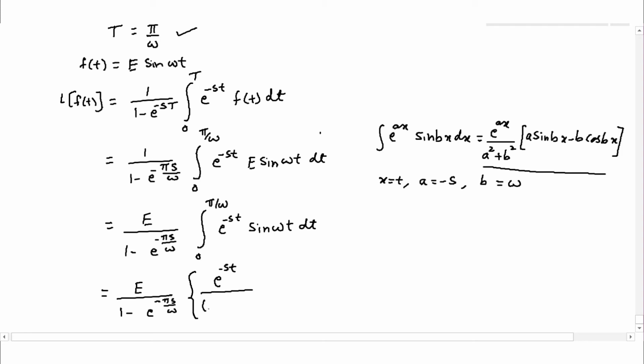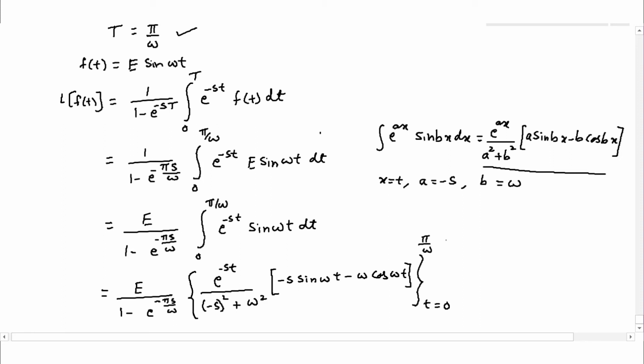So a value is minus s, so minus s whole square, b value is omega, so we'll be getting omega square, times of a value minus s into sine of b value omega, x value t, minus b value omega, cos of b value omega, x value t. And the limit values are running from 0 to pi by omega.